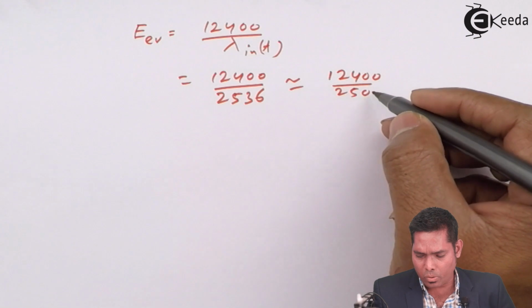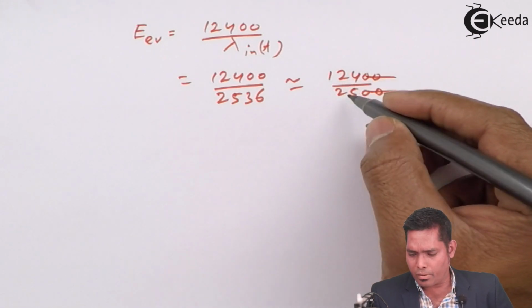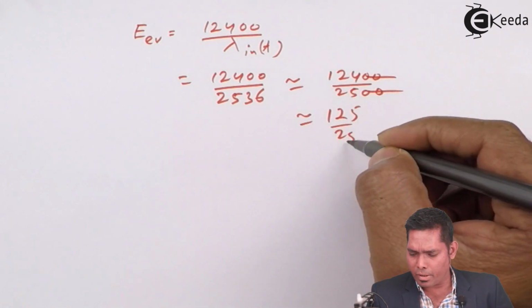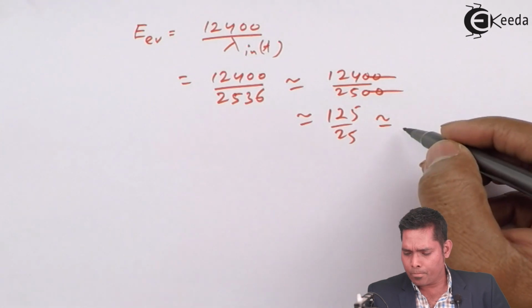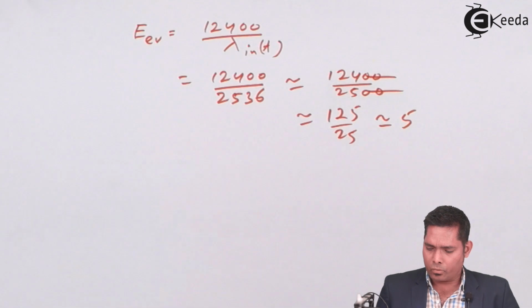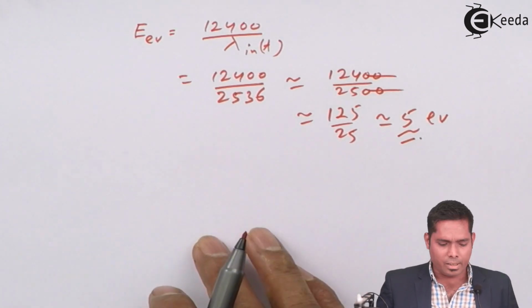So the zeros cancel. This is 125 divided by 25. Approximately it is 5. Okay, approximately I'm getting 5 electron volt. So that way also you'll easily get the answer.